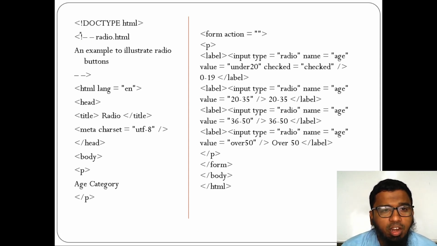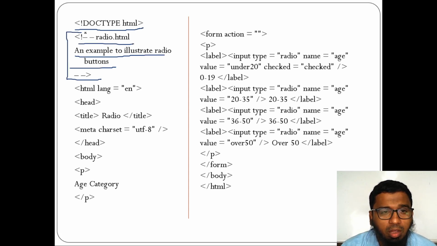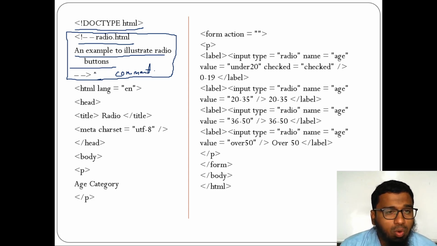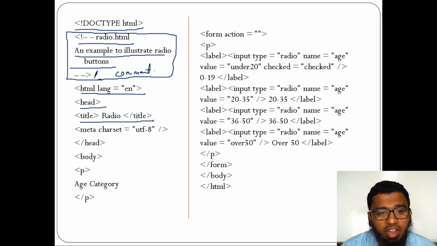In the HTML code, we have the document type, HTML, and this is a comment. This is all a comment box, and it will not execute in the HTML code. It is only for the developer. Next is the HTML opening tag, the head opening tag, and the title.